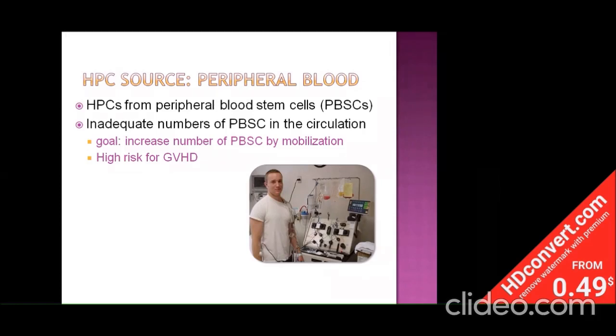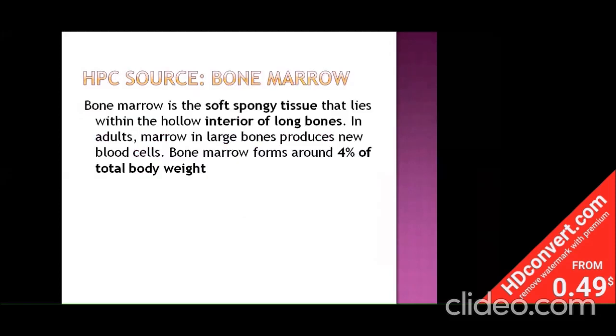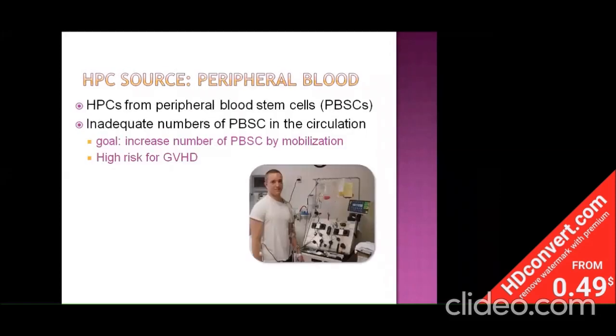The major problem is the high risk of GVHD, because peripheral blood contains more mature T cells. When we look at bone marrow, we don't get as many mature T cells, so the risk of GVHD is lesser in bone marrow compared to peripheral blood cells.